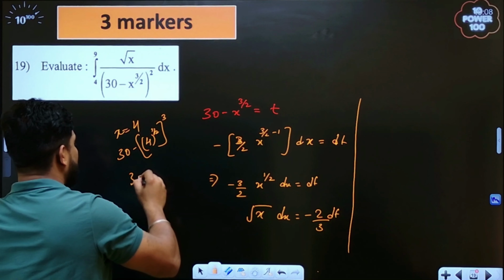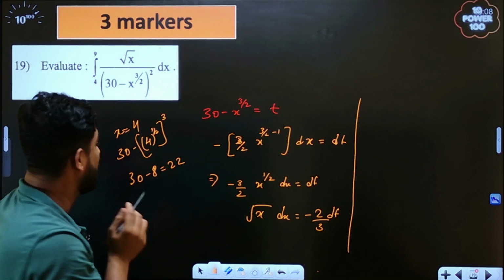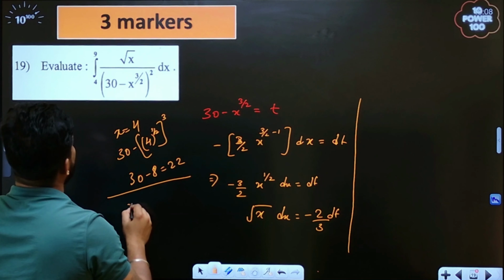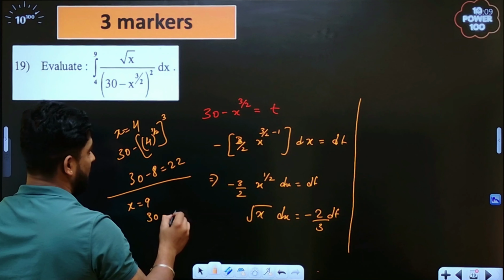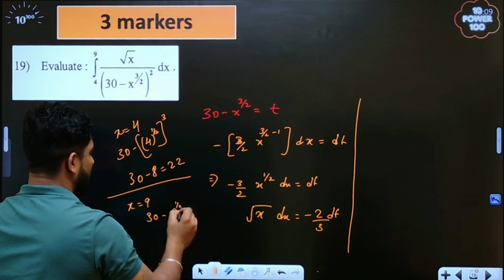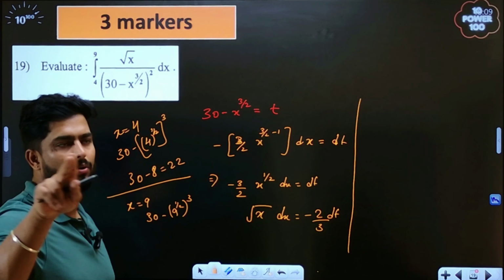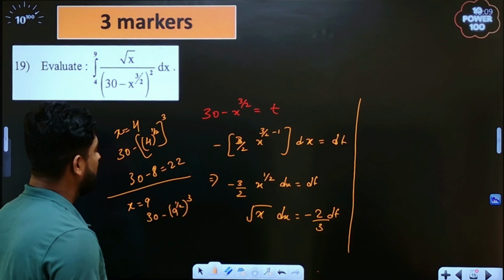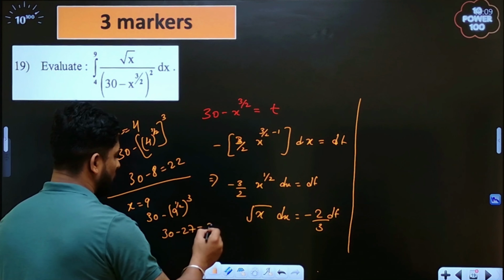So 30 minus 8 is equal to 22, right? So the lower limit is 22. Now the upper limit: when x is equal to 9, 30 minus 9 to the power 1 by 2, whole to the power 3. 9 to the power 1 by 2 is root 9, which is nothing but 3. 3 to the power 3 is 27. So 30 minus 27 is equal to 3.